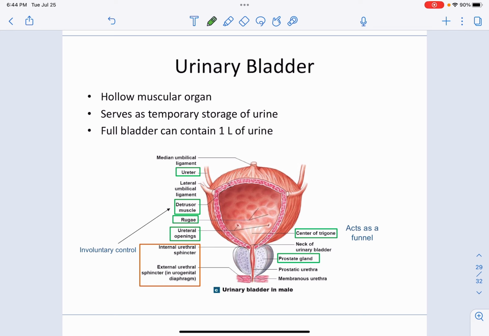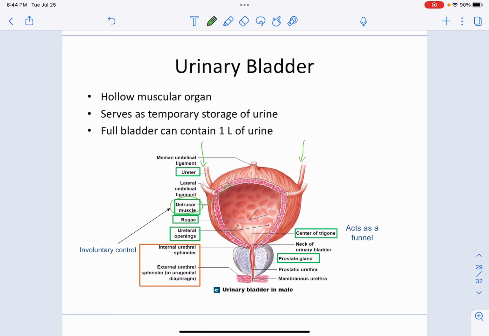So let's point out some of these features. You can see the ureters here, and again, they enter the bladder on the posterior side, okay? The muscle that makes up the bladder is called the detrusor muscle. That's what's pictured here in pink.